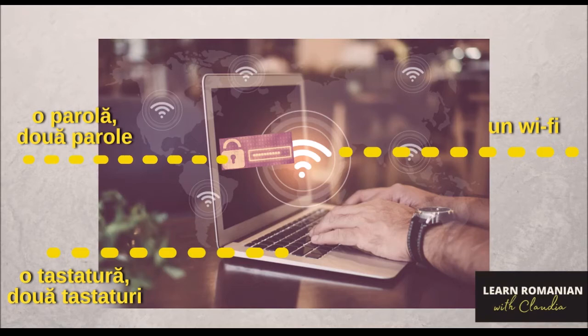Wi-Fi and passwords. So we have o parolă, două parole. A password, two passwords. Un Wi-Fi, that's just an English loanword into Romanian. So you pronounce it the same as you would in English. And you don't really need a plural form.